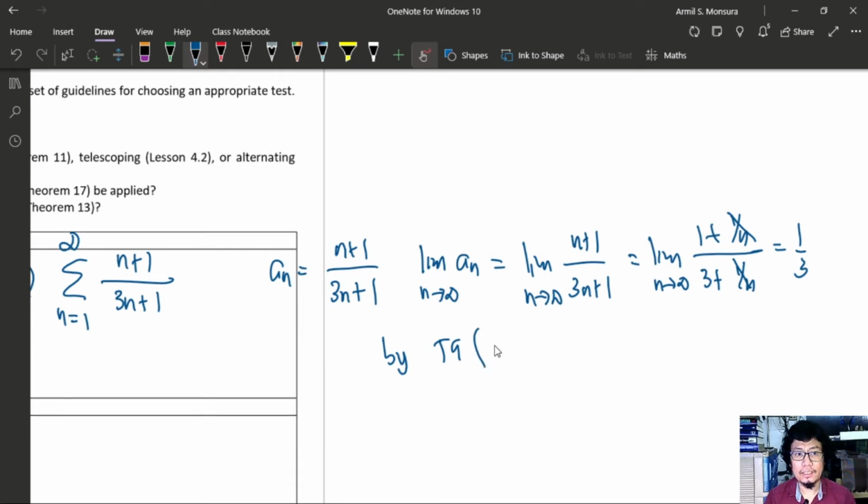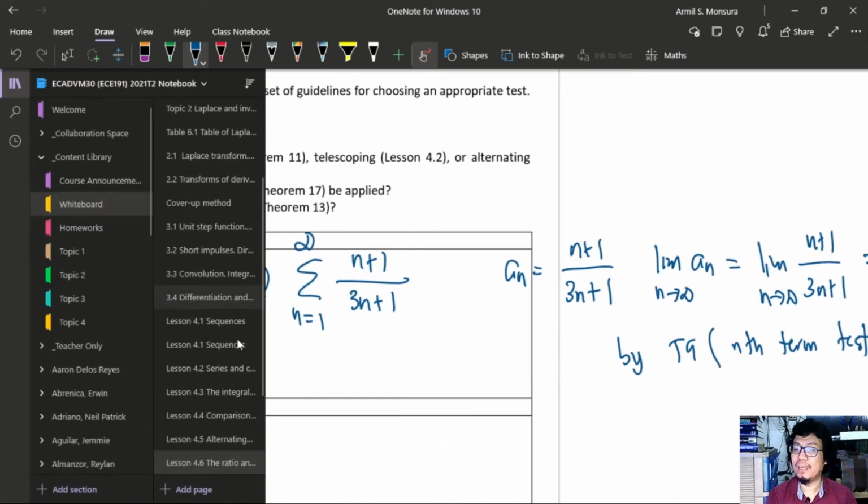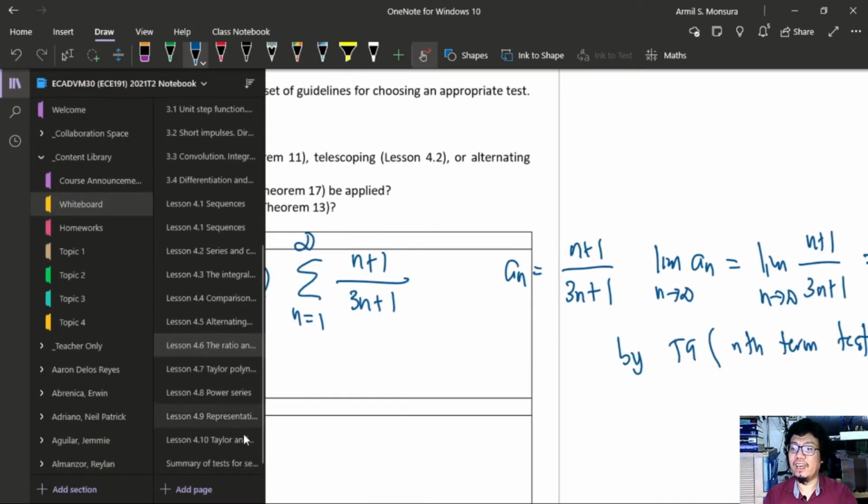Theorem 9 is the n-term test for divergence. This is a very good time to look back into your notes. Actually, what I did was I also summarized them.